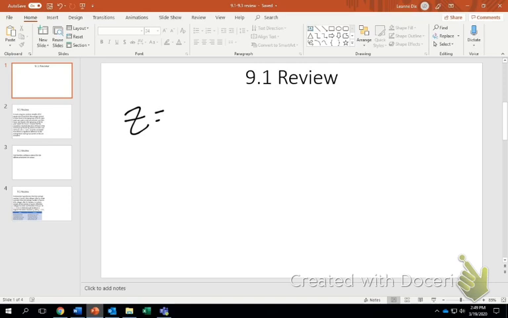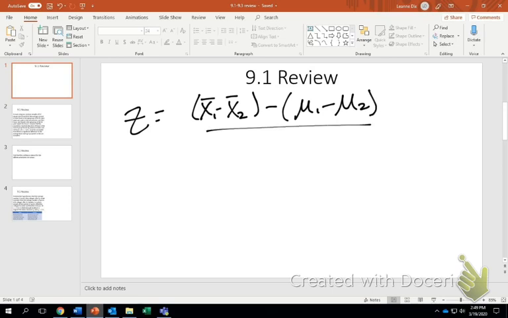We used the formula z is equal to the difference of sample averages minus the difference of population averages, all of that over the square root of sigma sub 1 squared over n sub 1 plus sigma sub 2 squared over n sub 2. All right, there we go.